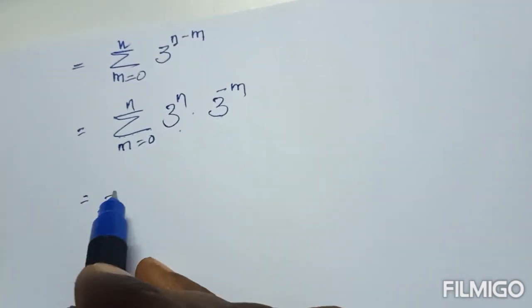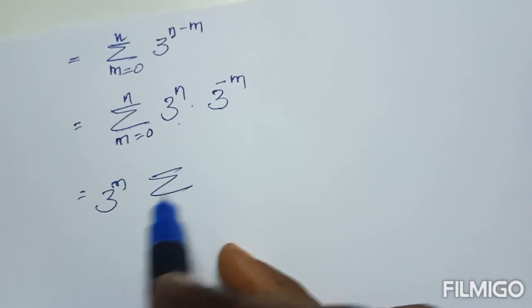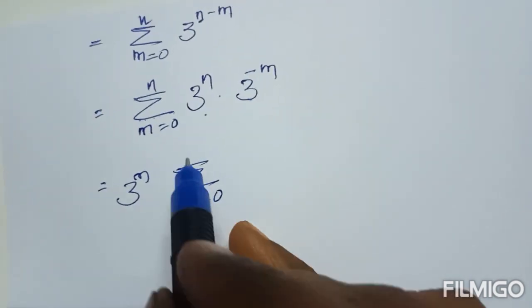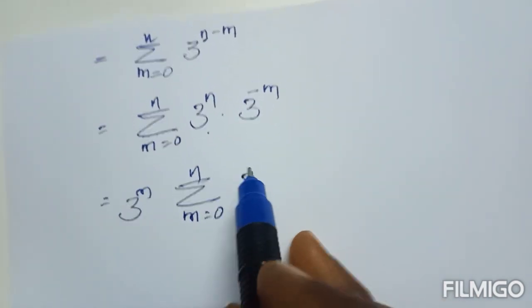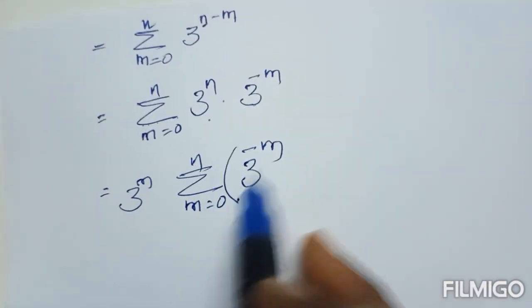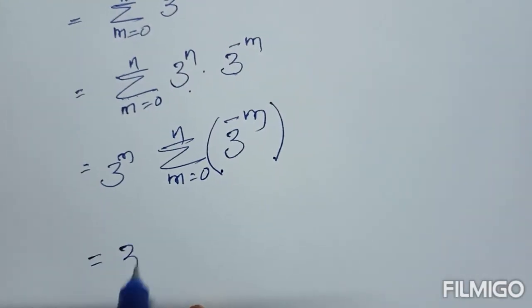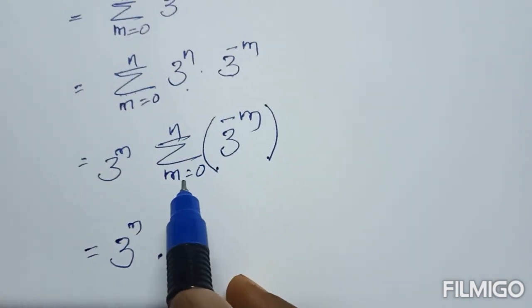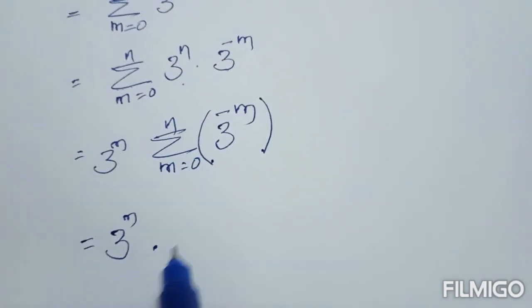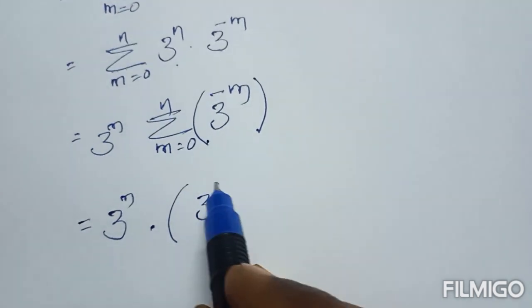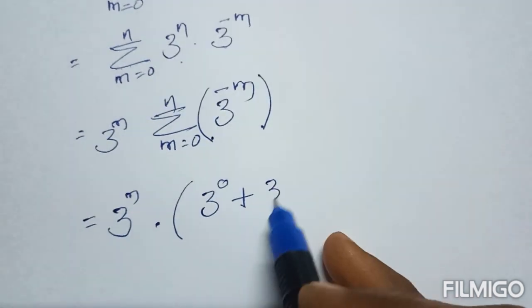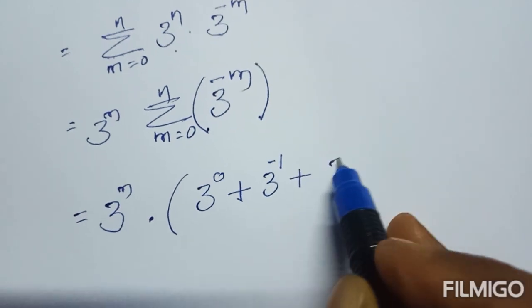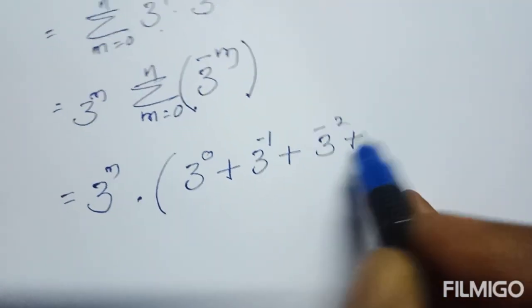3 to the power of n, summation of m equal to 0 to n, 3 to the power of minus m. Now that equals 3 to the power of n into, now expand the summation by writing m equal to 0, 1, 2, 3 up to n. First one is 3 power 0, m equal to 1 is minus 1, m equal to 2 is minus 2 and so on.